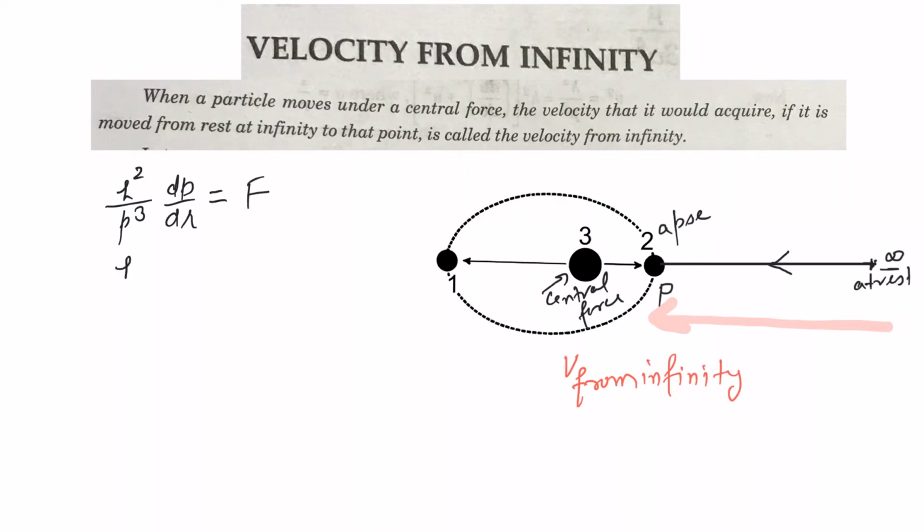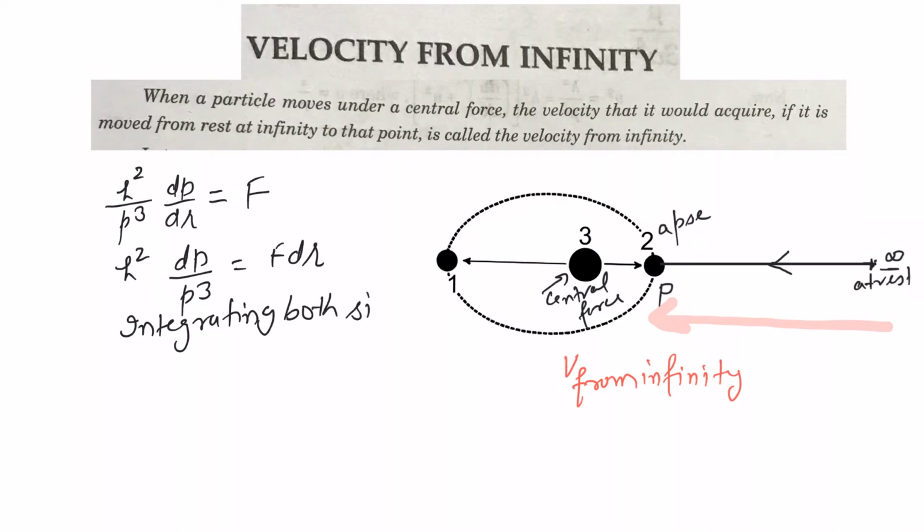Okay, fine. h is a constant quantity; separating the variables and integrating both sides, h squared dp by p cubed equals f dr plus c.